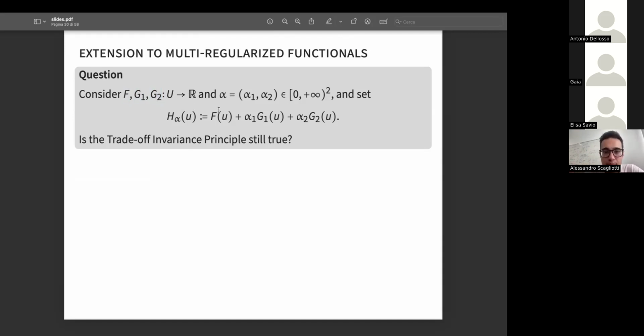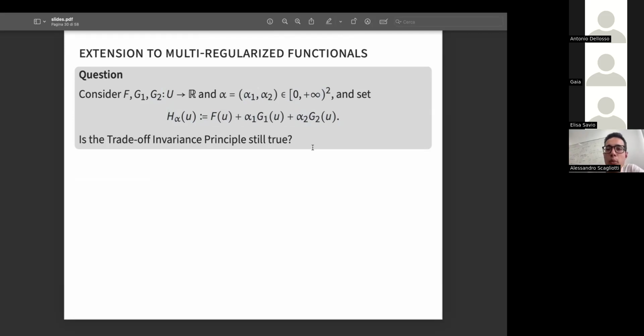Similar framework as before: f, G1, and G2 are defined on a very generic set U. And this time alpha is made of two components, alpha 1 and alpha 2, both taking values in (0, +infinity). The functional h alpha now consists of three terms: the main term f, then alpha 1 G1 and alpha 2 G2.